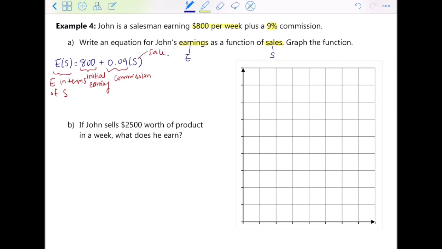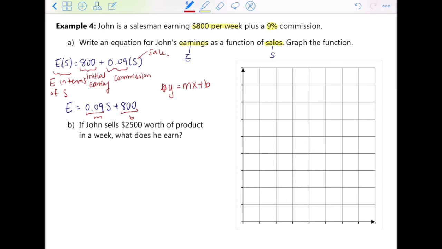Let me rewrite this equation in the form that I like. So E equals 0.09 times S plus 800. I like this form because we're used to using y equals mx plus b. So I would like to have my slope in the front. So this is the slope, and this is b.